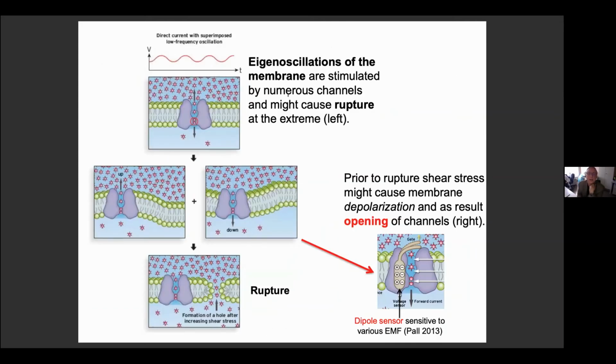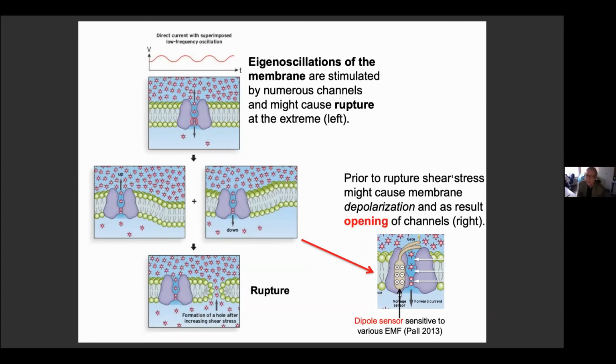Eigen oscillations of the membrane can be stimulated by numerous channels and might cause rupture as an extreme. So this is shown here. If the membrane is resonating in the eigenfrequency, which is induced by the channels, it can increase, it can form a hole. But this is, of course, an extreme.